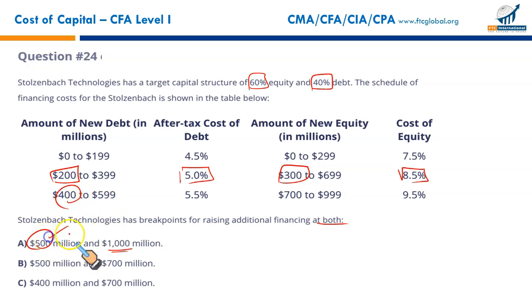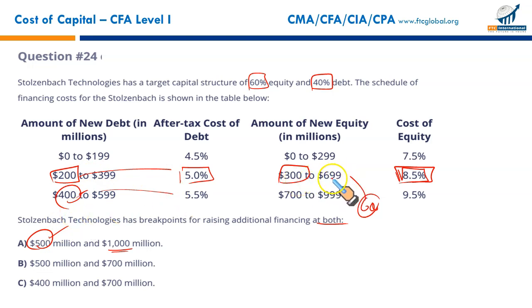There is a jump at 500 million as well as 1,000 million. So the 400 million jump or break point will be for debt. And even if a single component changes in cost, it's a break point. Maybe if you just calculate here, you need 600 million from equity, which falls within this 8.5. But since debt is jumping at 200 as well as at 400, the component cost changes.